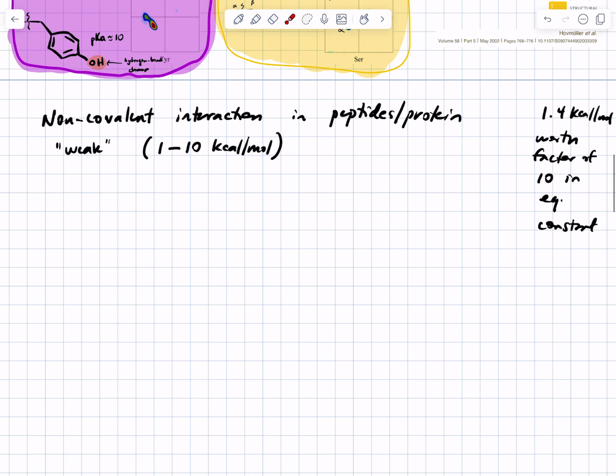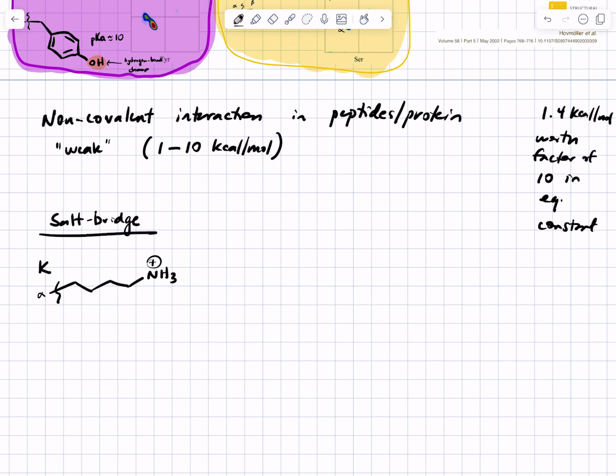So here are some examples of non-covalent interactions that happen in peptides and proteins. One is called a salt bridge. That's a fancy term for an ionic interaction. So if you have a lysine side chain, which is K, this is the alpha carbon, so beta, gamma, delta, epsilon, and there's the side chain. There's the ammonium group.